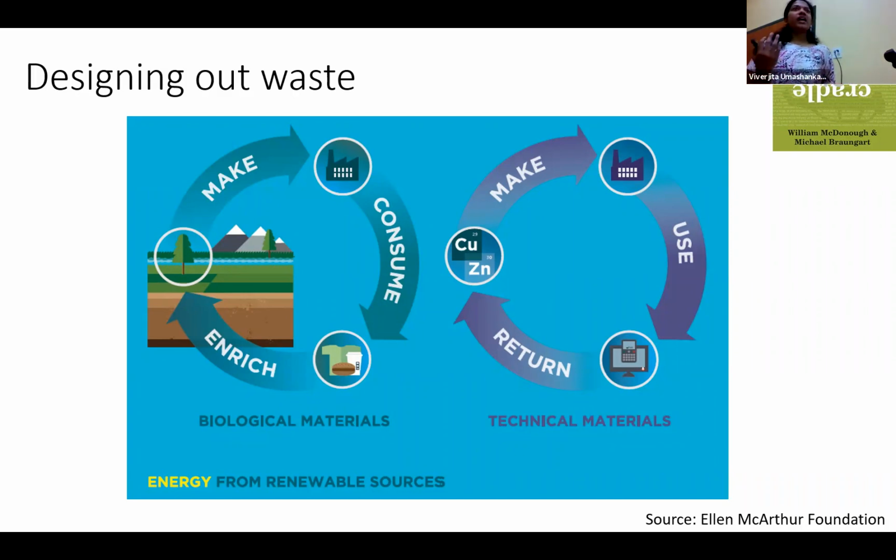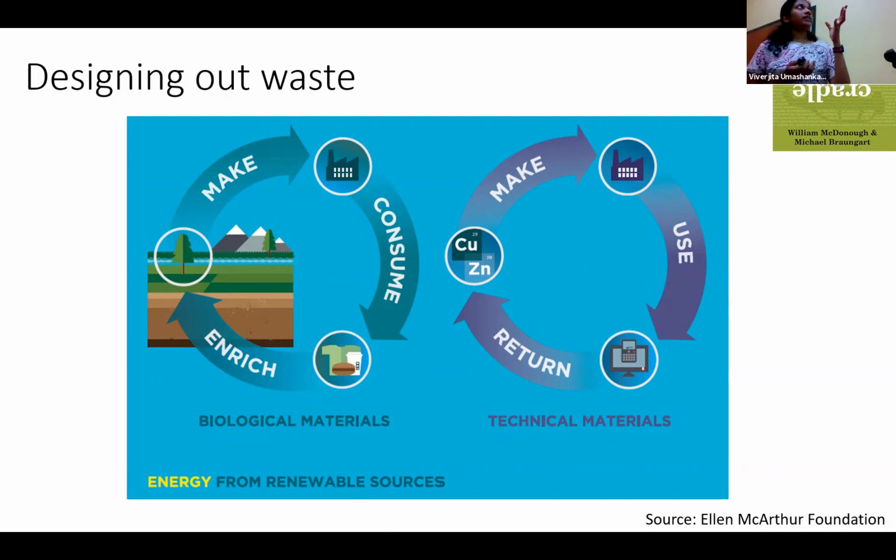On the other hand, we have the technical materials. Technical materials are all those that have a human activity associated with the raw material extraction, and also synthesis. So a couple of examples of technical materials are plastics and other synthetic materials, as well as minerals and metals that we mine from ores.